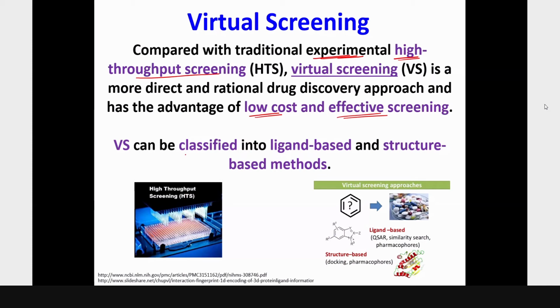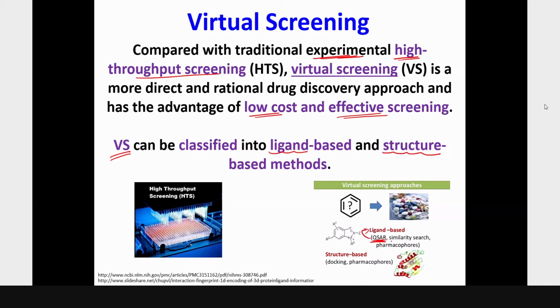If you broadly want to classify the virtual screening technique, it can be categorized into two main methods. The first is the ligand based method, and the other is the structure based method. From the name you can get some idea. The QSAR method I'm talking about belongs to the category of ligand based methods.